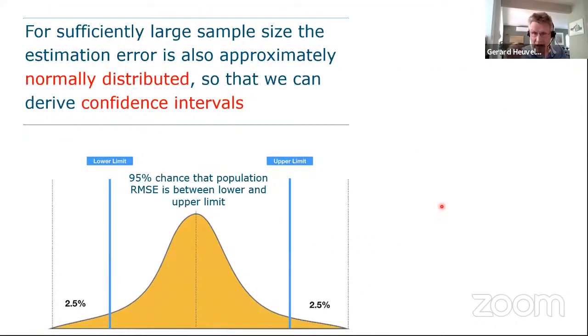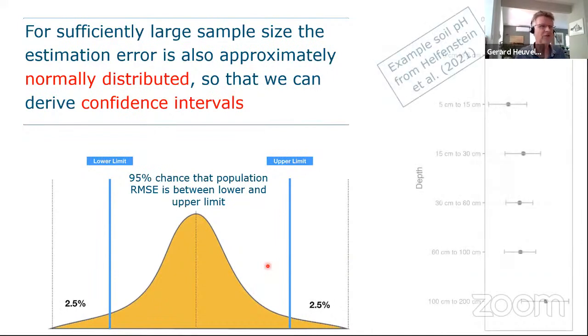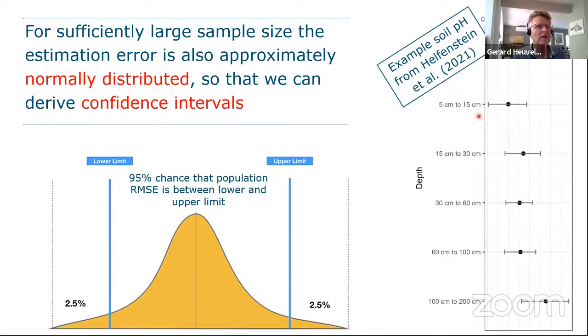If our sample size is large enough, then we have the additional property from the central limit theorem from statistics that the estimation error is approximately normally distributed. And so we can compute confidence intervals, like, for example, the 95% confidence interval. And I have an example here from a PhD student of mine, Anatol Helfenstein, who took the summer school last year, by the way.